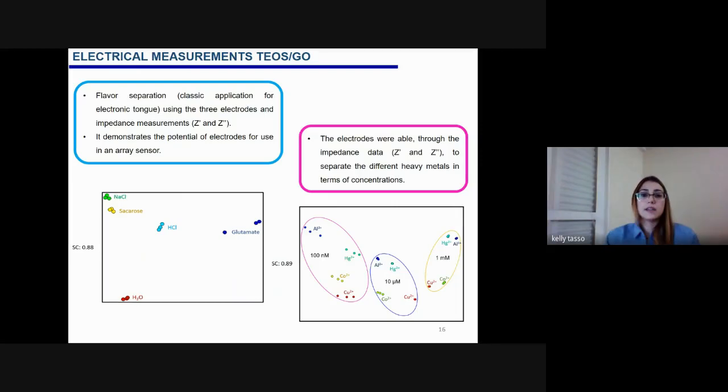The collected data were treated using the principal component analysis, which allows a reduction in the dimensionality of the data without losing important information.